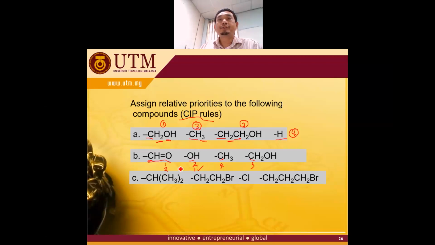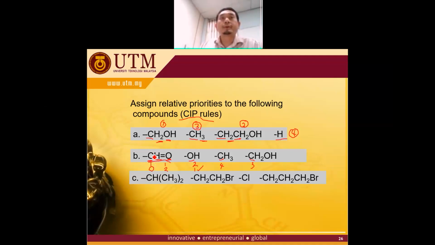Then these three draw. If there's a draw, we look at the atoms bonded to the carbon. The first one, this carbon, is bonded to oxygen and hydrogen. But based on the CIP rule, it must be three atoms. Because it's a double bond, it's like bonded to another oxygen.